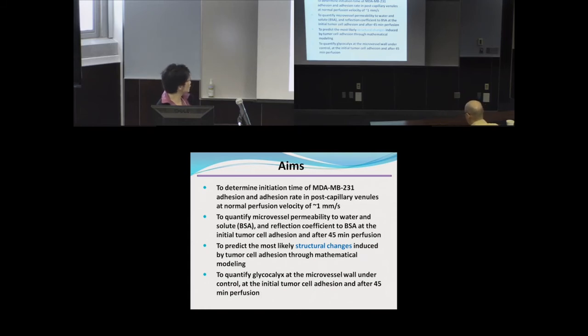So we want to use this one to see how quick it can adhere to the microvessel wall, and the accumulation rate, the adhesion rate in the post-capillary venule. And 1 millimeter per second is the mean blood flow velocity in this type of vessel. We also do the calibration. So first, we understand the tumor adhesion and adhesion rate.